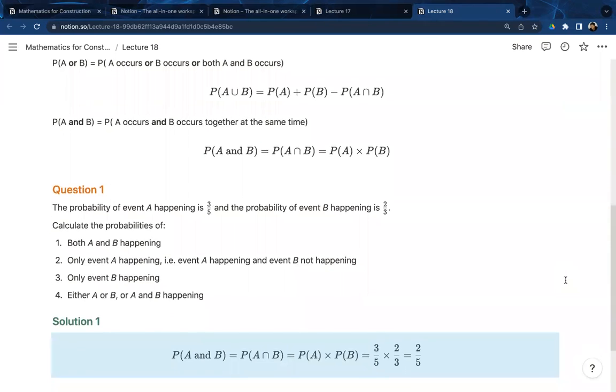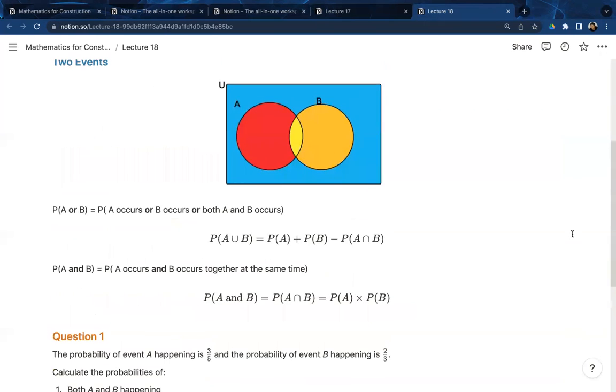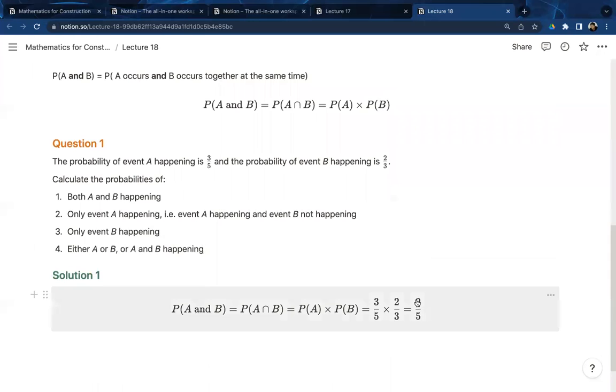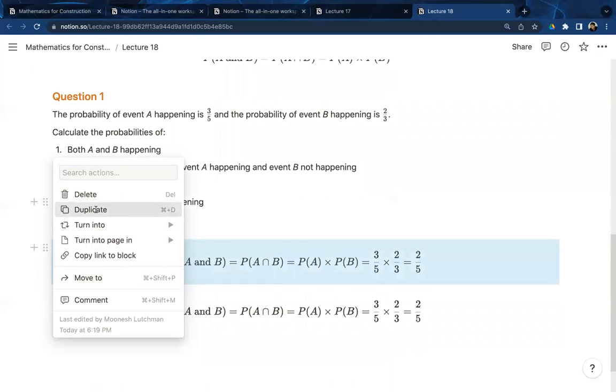Okay. Part 2, they say only A happening. Now, for A to happen alone, that means you have to subtract the intersection from the whole of A. So what we could do, we could subtract this 2/5 from the 3/5, right? That will get 1/5. So let me duplicate this.